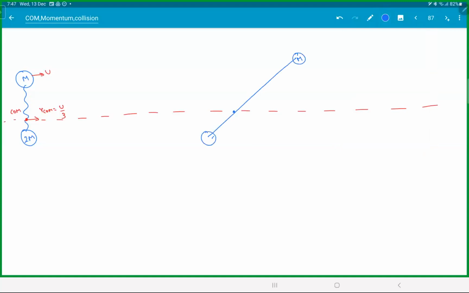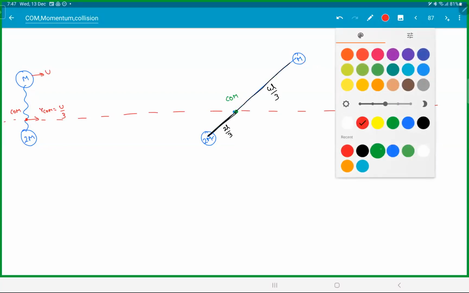This is m, this is 2m, and this would be your center of mass. This length will be 2L by 3 and this length will be 4L by 3. Isn't that how the center of mass divides, in the ratio 2:1?